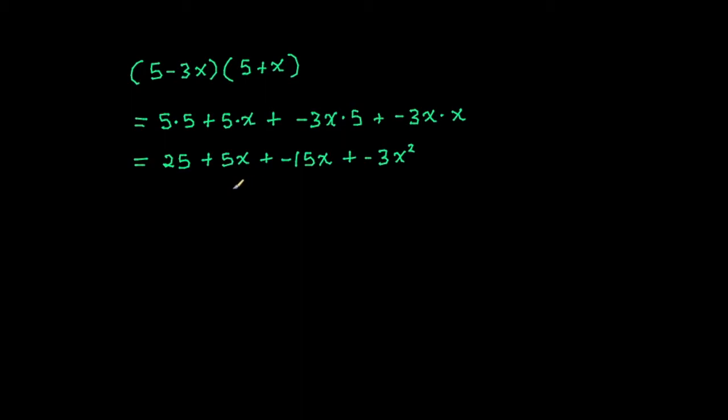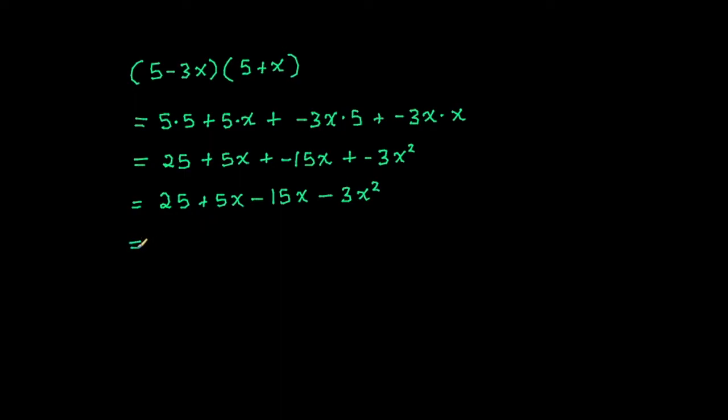Now this still looks a little bit jumbled, so let's simplify this. We have 25, plus 5x, so let's just keep that. And now here we have plus minus 15x. That just becomes minus 15x, because if we're adding a negative 15x, it's the same thing as just subtracting 15x. So plus minus just becomes minus. Same idea here, this just becomes minus 3x squared.